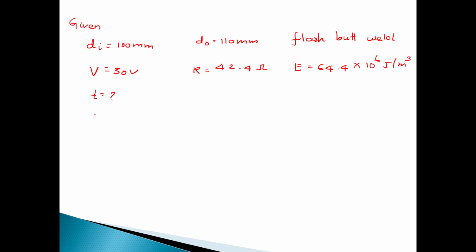So each pipe melts 1 mm of material, so the total thickness of material melt is 2 mm.